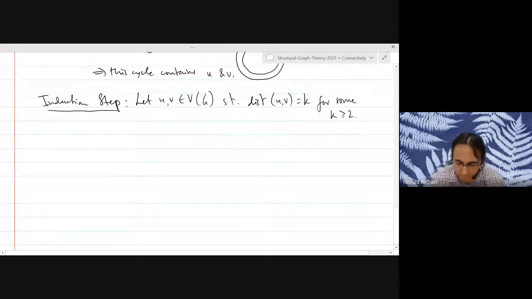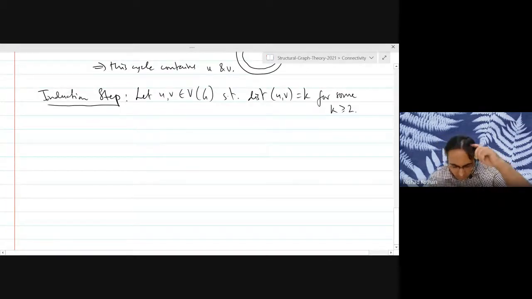So how do we proceed now? We want to prove the statement for U and V. What we will do is take another vertex V prime, which is at a lesser distance from U, K minus 1, and use that to prove the statement here.